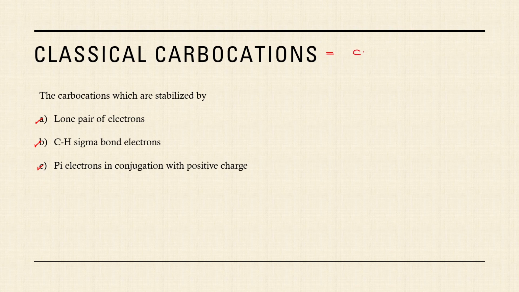What is a carbocation? Basically, a carbocation is a carbon which is electron deficient and has a positive charge on itself. For example, this. There could be three different groups. These groups could be alkyl, these groups could be aryl, these groups could be hydrogen. If this carbocation is stabilized by a lone pair of electrons, for example, like this.